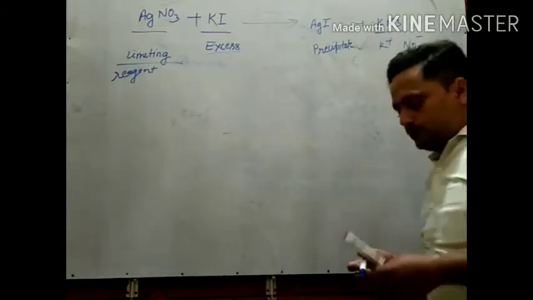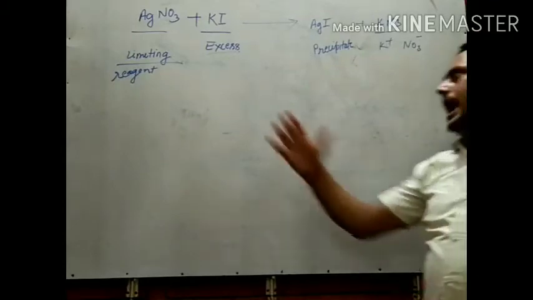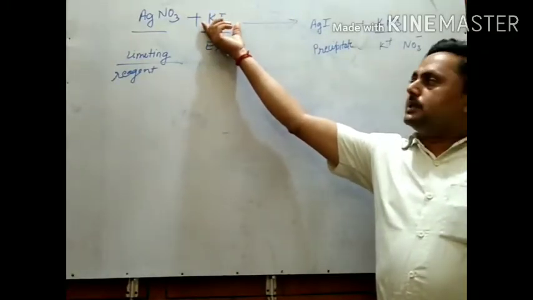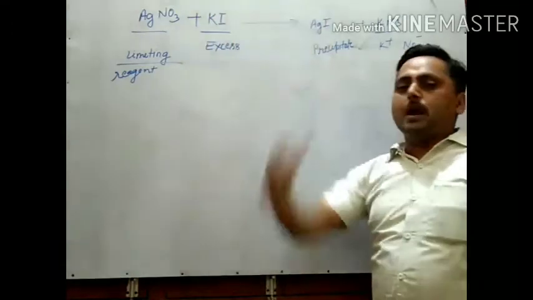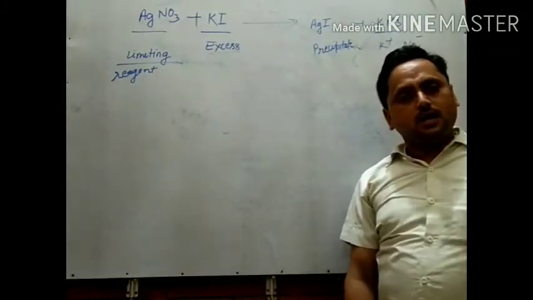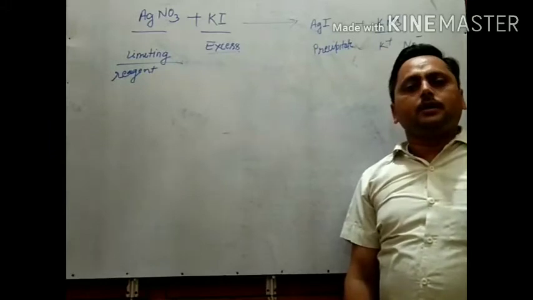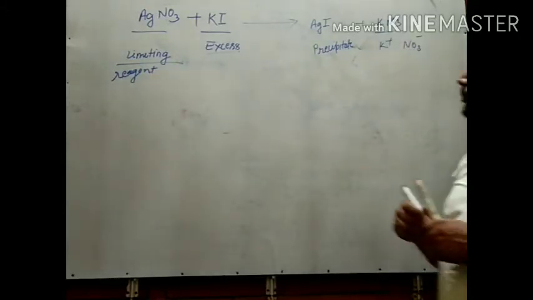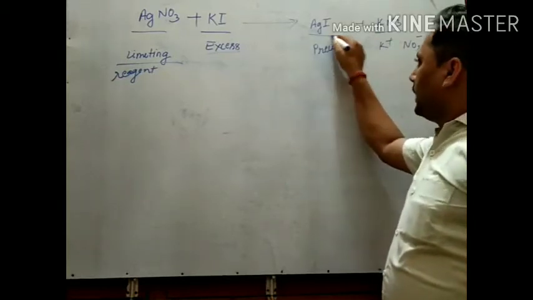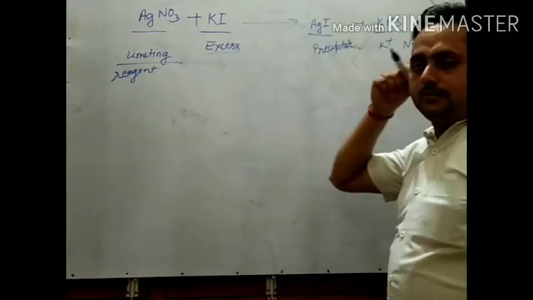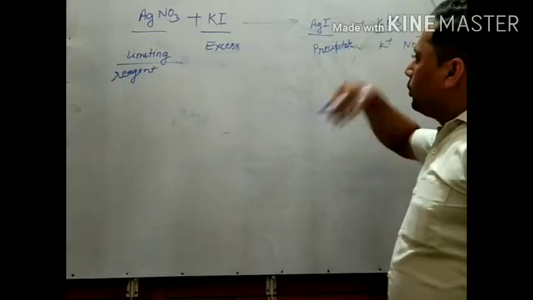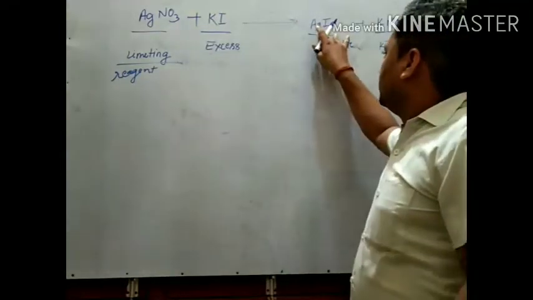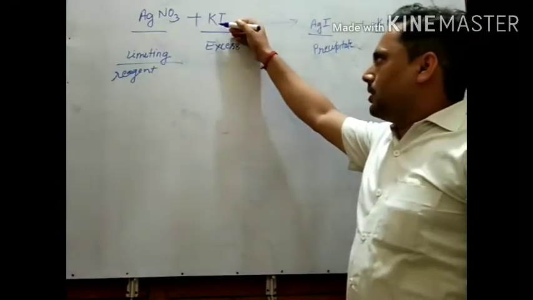Here I wrote excess, which means all the potassium iodide is not used during the reaction. Some amount of potassium iodide remains in the reaction. So in the precipitate AgI, the common ion will be adsorbed. What is common in these two? We have taken excess amount.